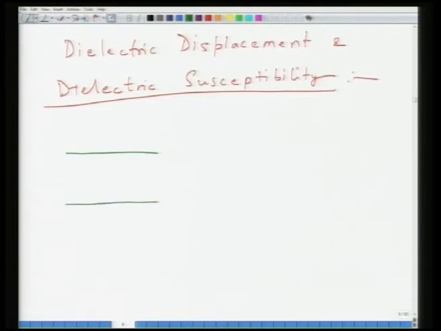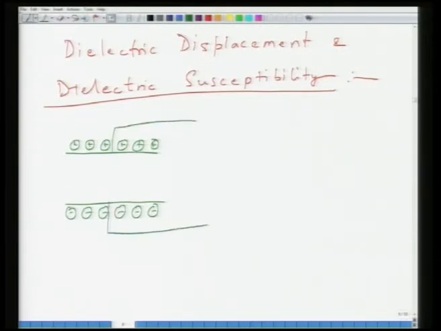You take a parallel plate capacitor which has charges like this, and this would happen only when you apply a field. So, this is your vacuum capacitor.